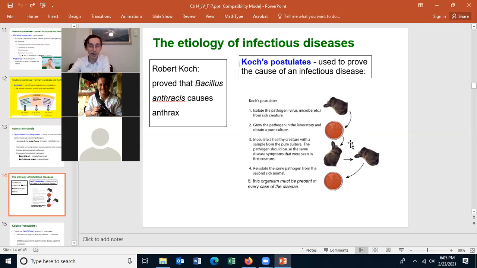You have to be able to isolate that organism from this sick animal. Any questions about Bacillus anthracis and Koch's postulates?